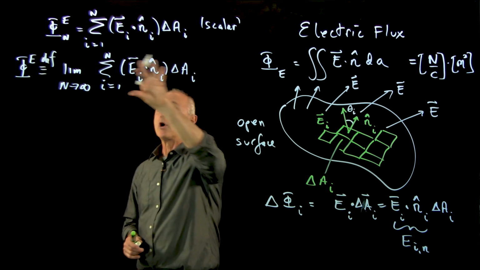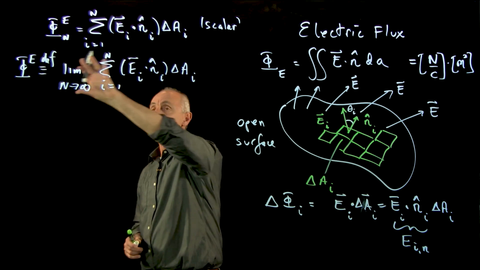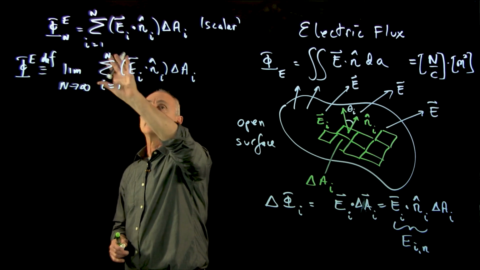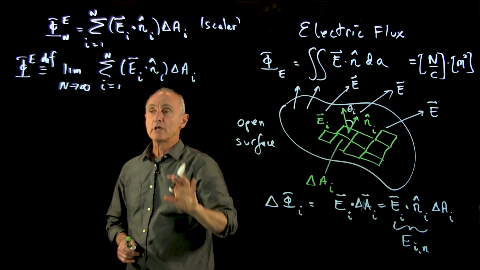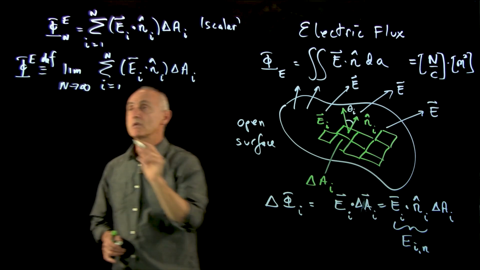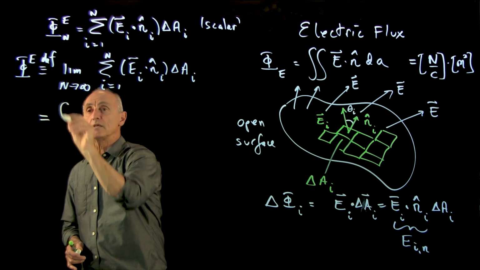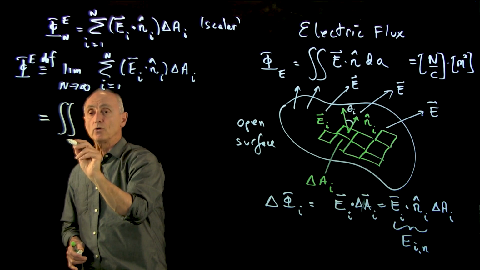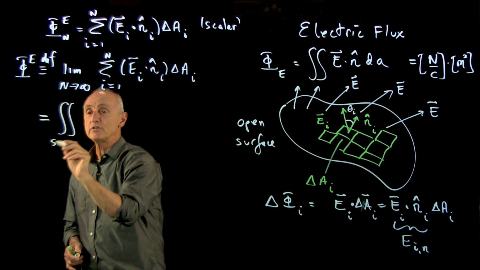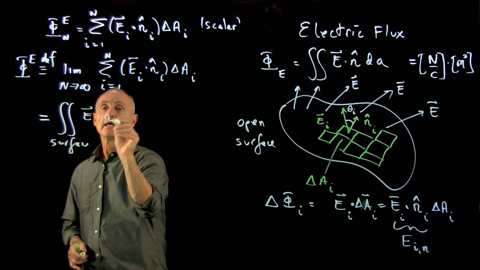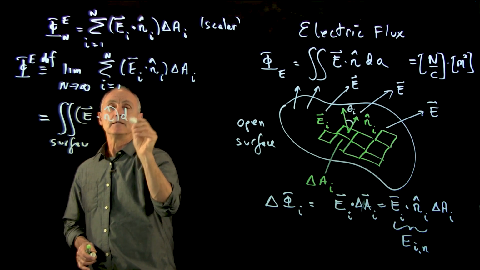Now, it's very awkward to write down every single time you want to calculate the electric flux this limit of a sum of numbers, and then to analyze that sequence. So mathematicians have a special notation for this. They write this as the integral over the surface of the electric field dot n hat dA.